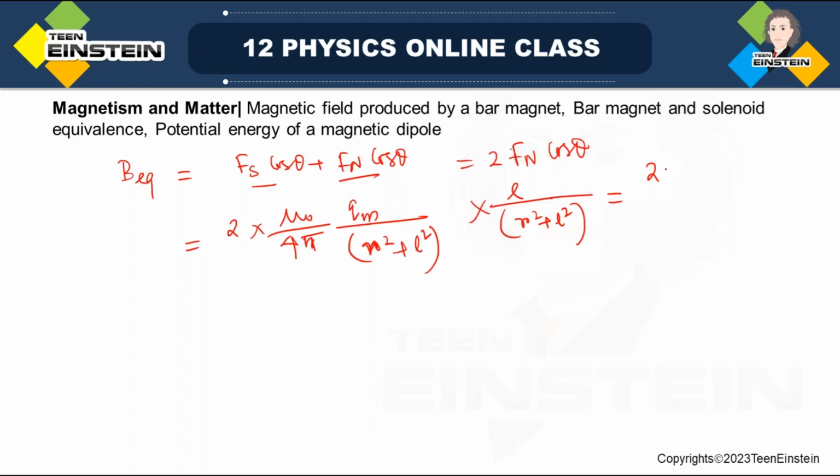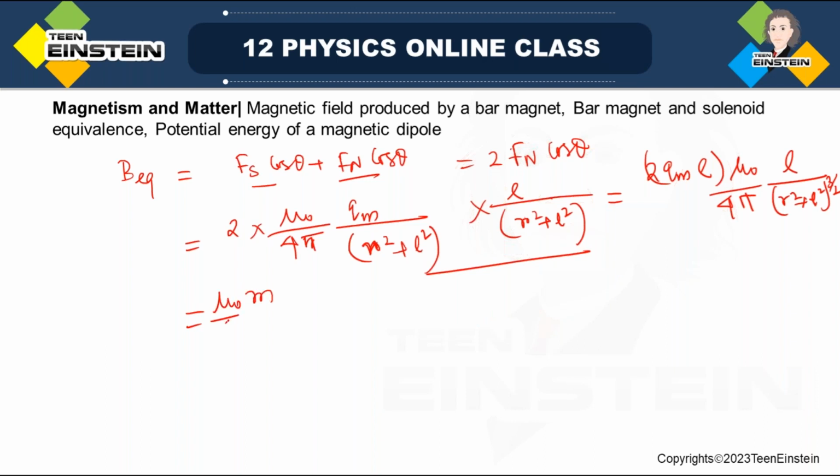Now from here I can write 2qm into l, which is nothing but m, and mu 0 by 4 pi, and this part, l by r square plus l square whole to the power 3 by 2. Now 2qml is actually the magnetic moment m, so mu 0 by 4 pi m.